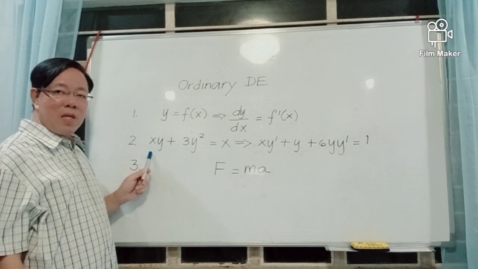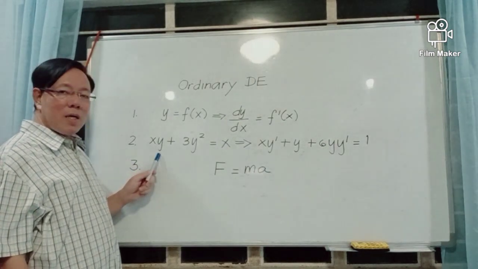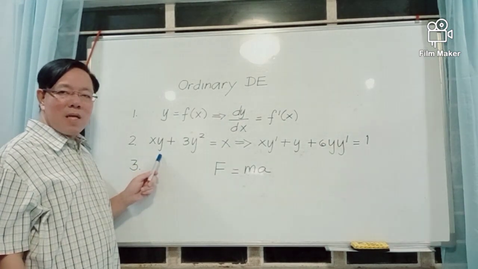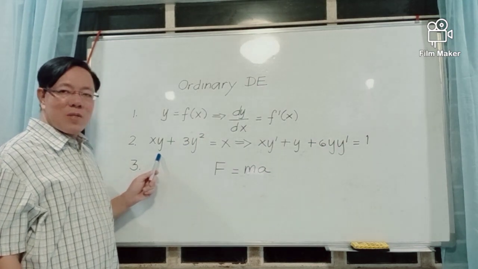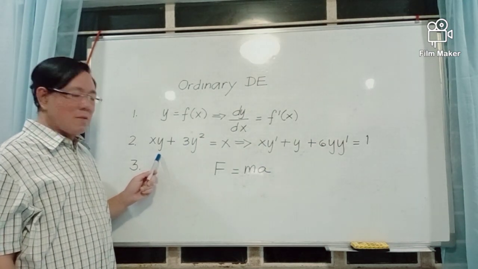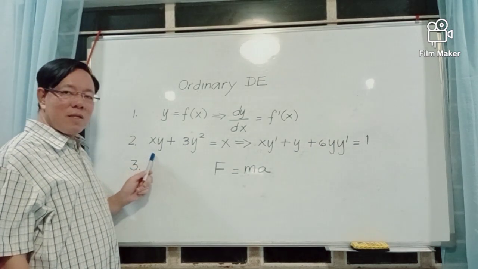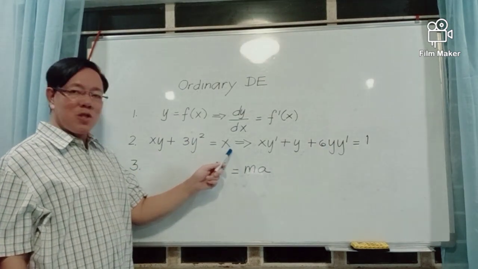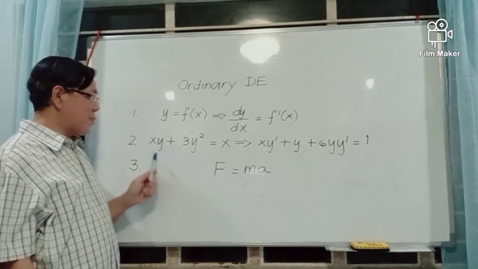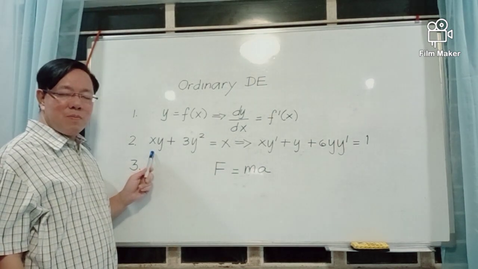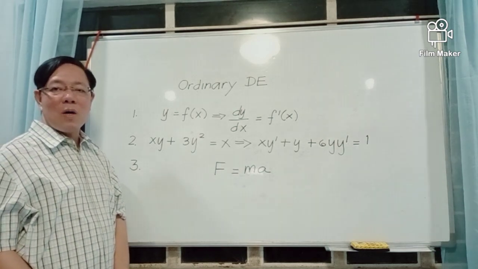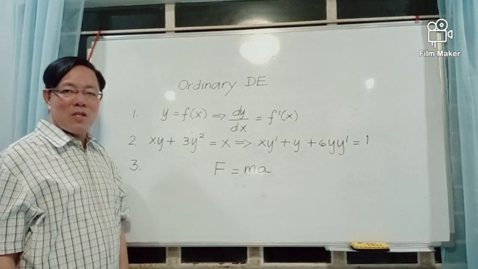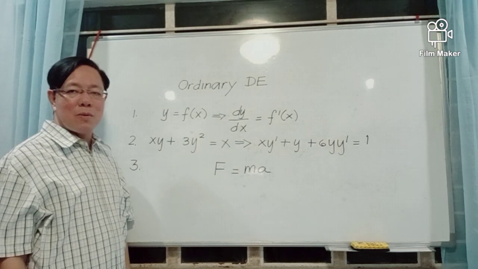In example number 2, y is not defined explicitly as a function of x. So when we get the derivative of equation 2, we apply the product rule for the first term and implicit differentiation. And we also apply what is known in differential calculus as the chain rule.